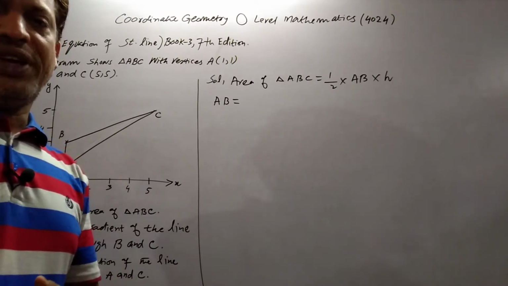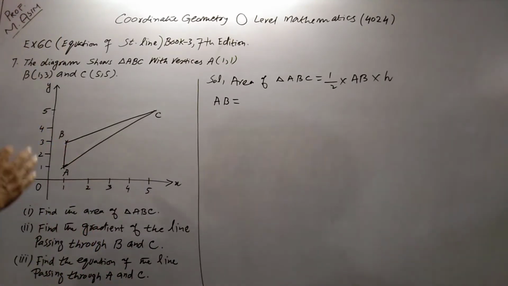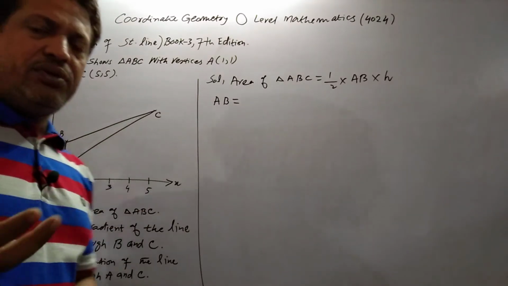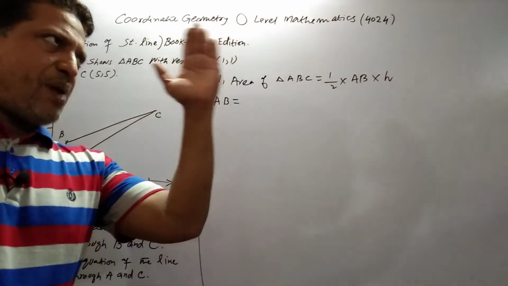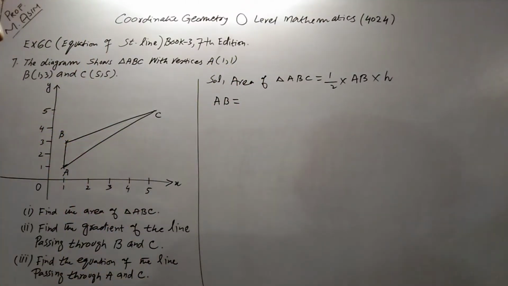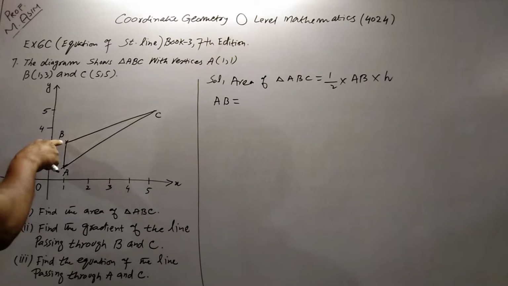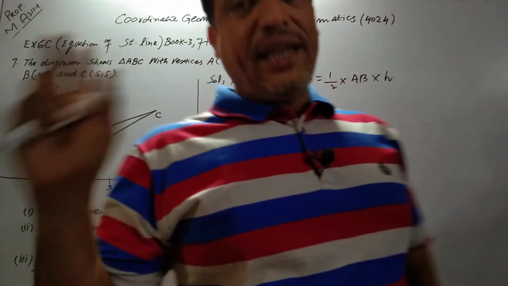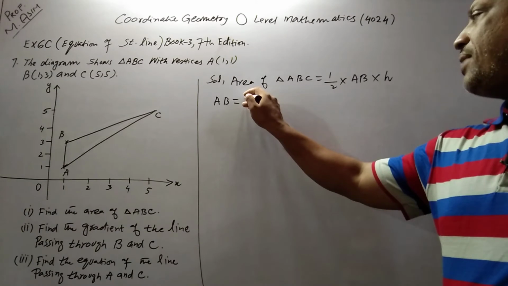I already told you, if you see a line which is parallel to the y-axis or parallel to the x-axis, then you can directly find the length or distance. See carefully, this point is 1 on the y-axis, this point is 3 on the y-axis, therefore the length of AB is 3 minus 1.